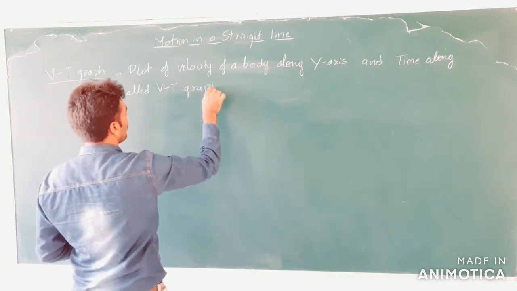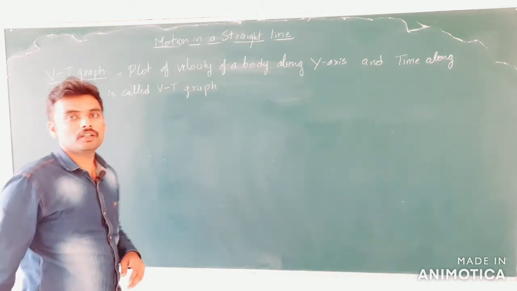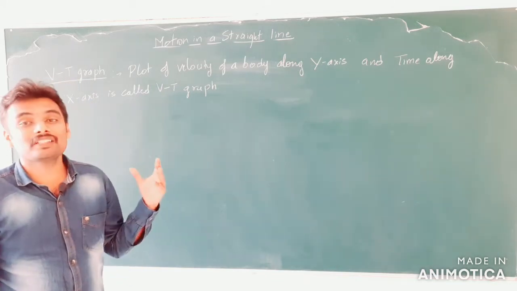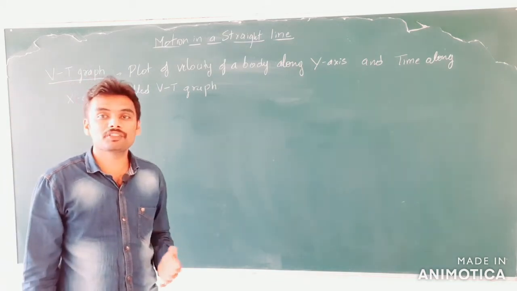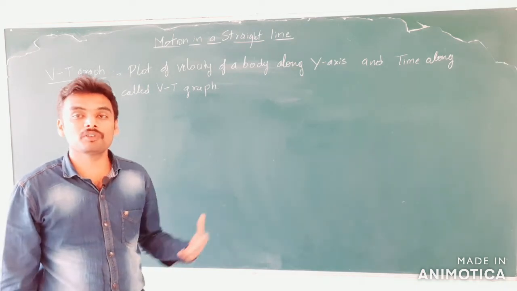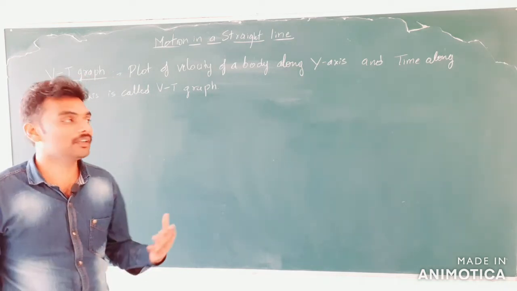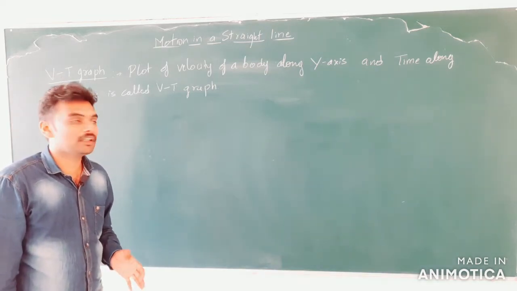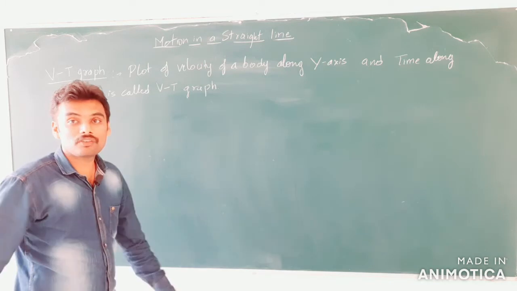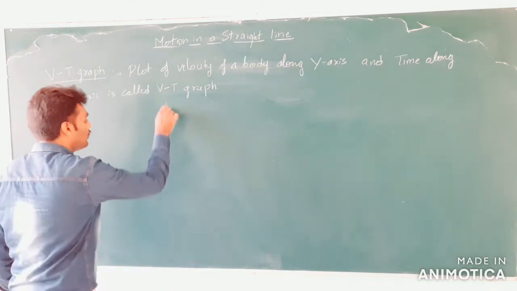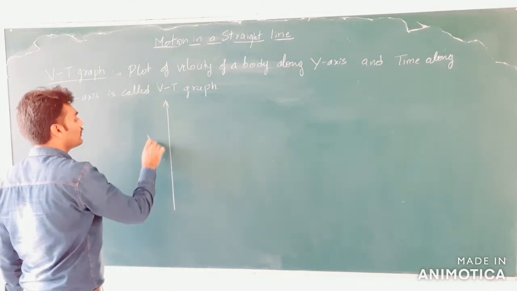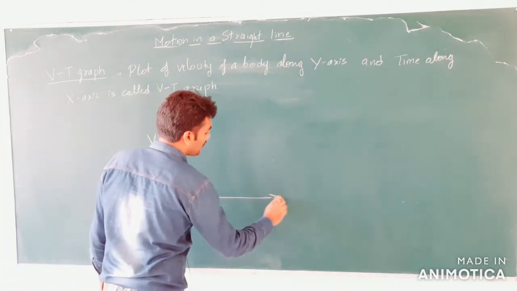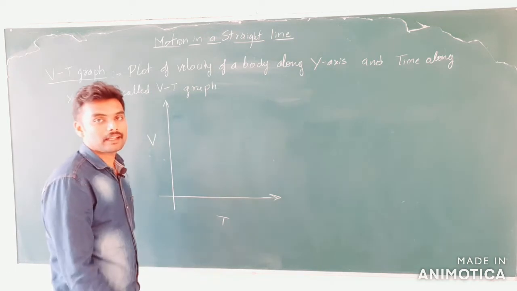Keeping it simple, we can also define it as a plot of velocity versus time of a body in motion. That's also fine. So as the definition says, we are going to plot velocity along the y-axis and time along the x-axis.